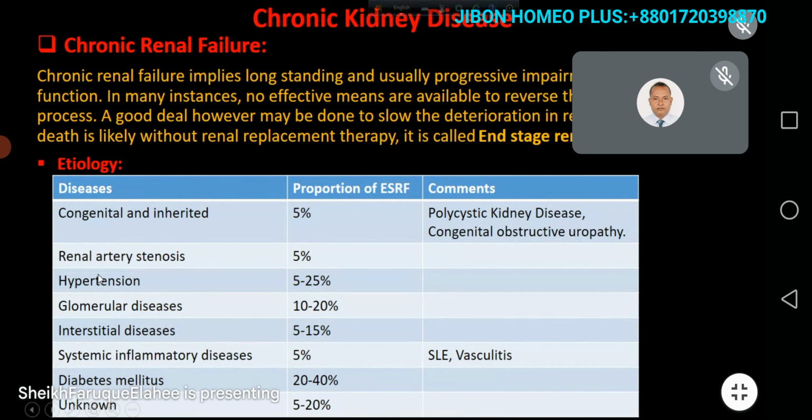So these two, hypertension and diabetes mellitus, are the major killers of chronic kidney disease. Then there are some other issues, some inflammatory disease, some intestinal disease. So we'll find mostly these three cases: polycystic kidney disease, hypertension, and diabetes mellitus.